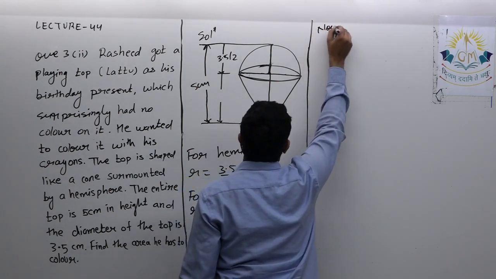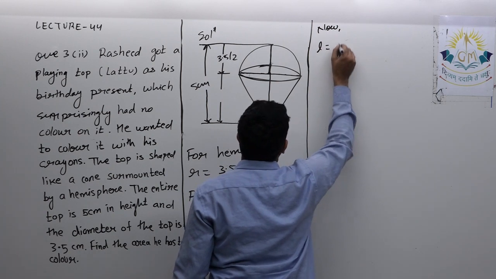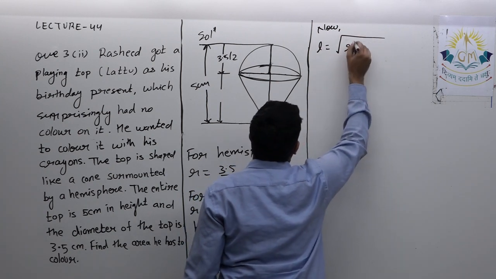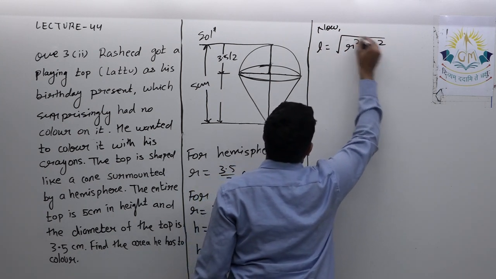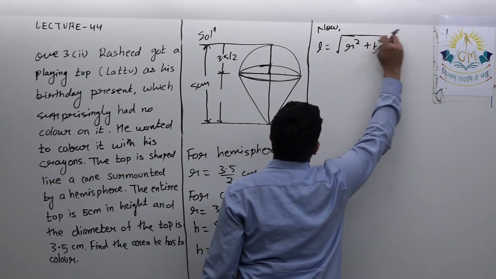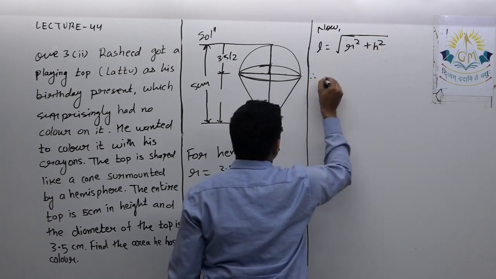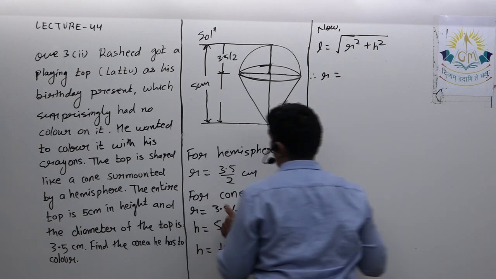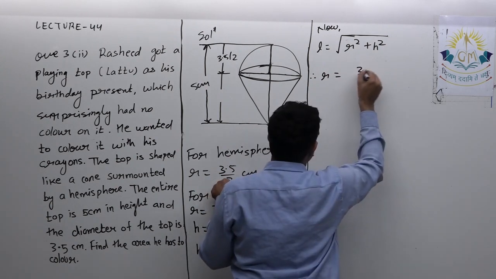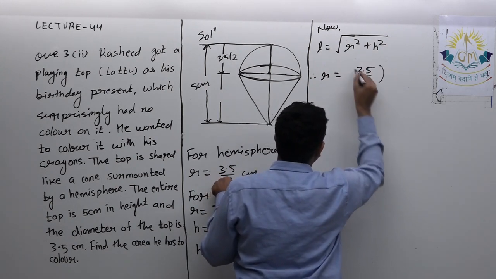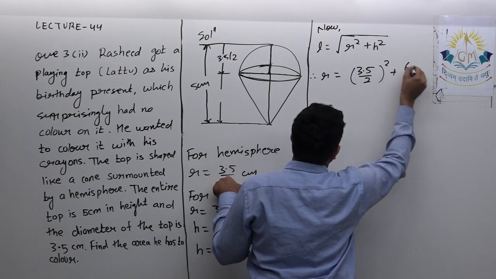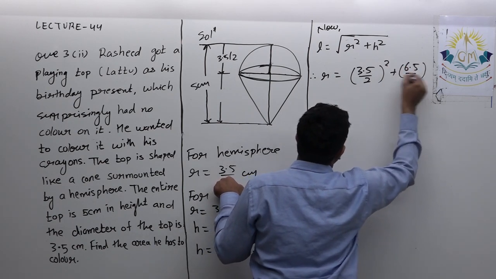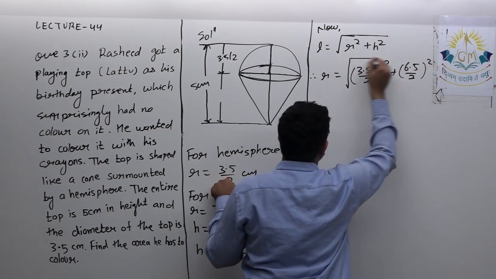So now L is equal to root of r square plus h square. Okay, this is the formula of slant height. Now we'll keep the values of r and h. r is 3.5 by 2 and h is 6.5 by 2, root over this.